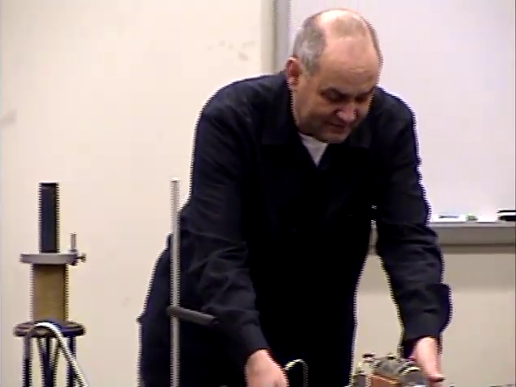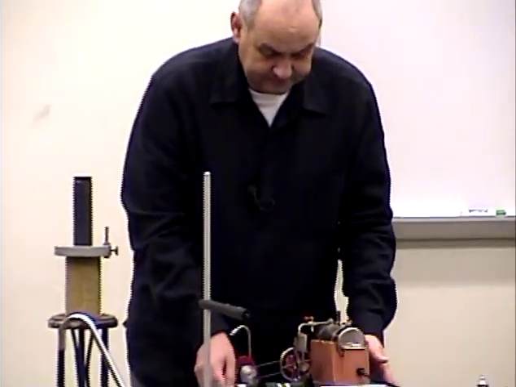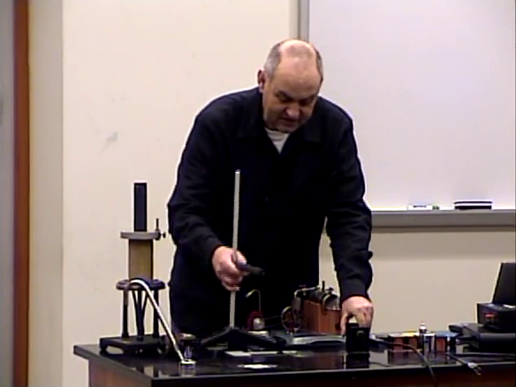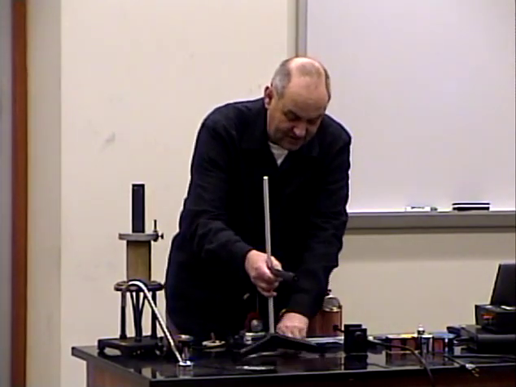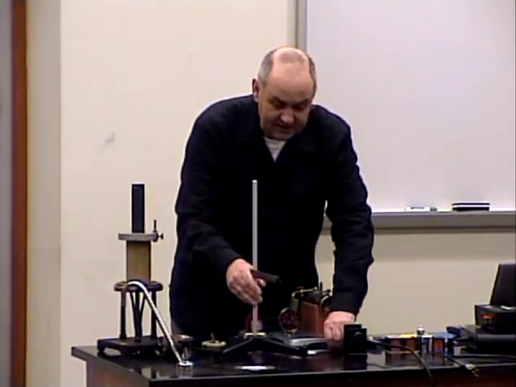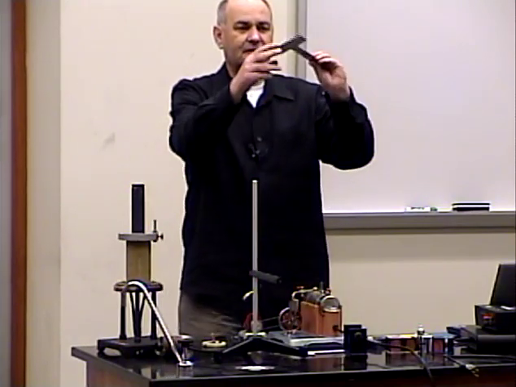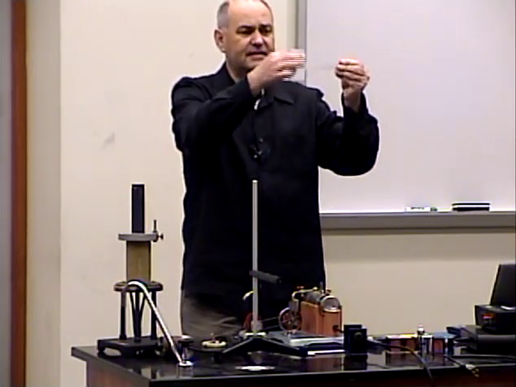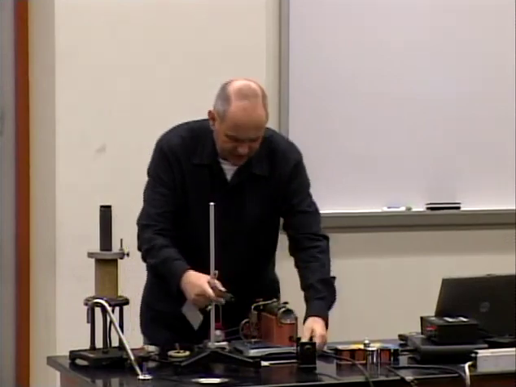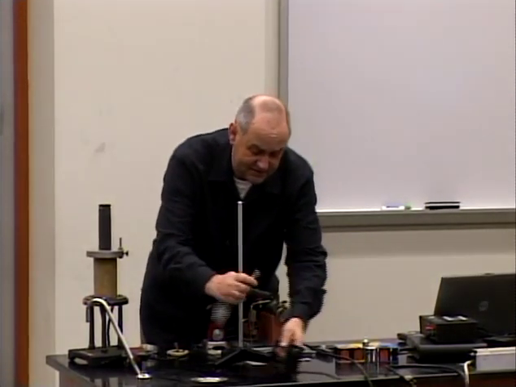Now I wanted to show another example of induction of currents. They can be induced even in a piece of flat metal like this. This type of currents are referred to as eddy currents.